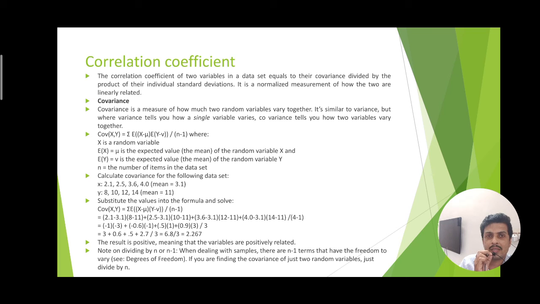Here the covariance of x, y is given as the summation of the expectation, that is a product of x minus mu and y minus v, divided by n minus 1, where n is the number of items in the data set.